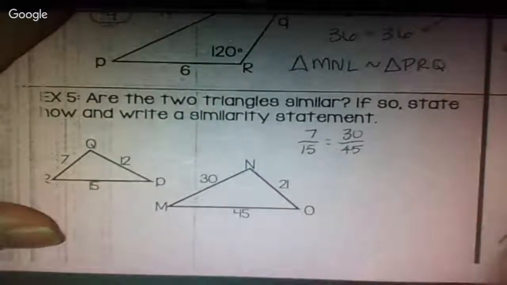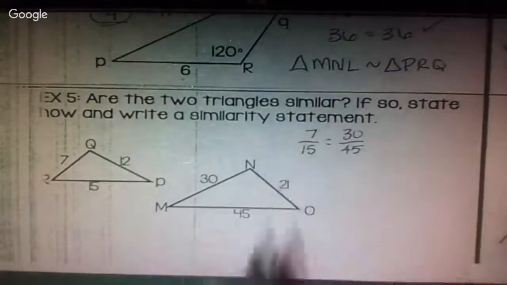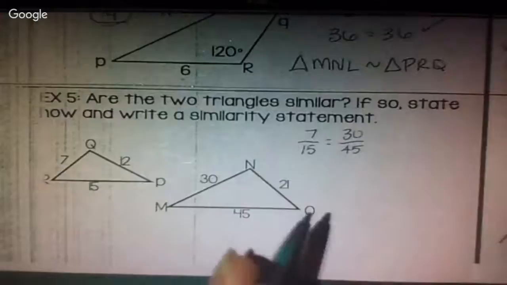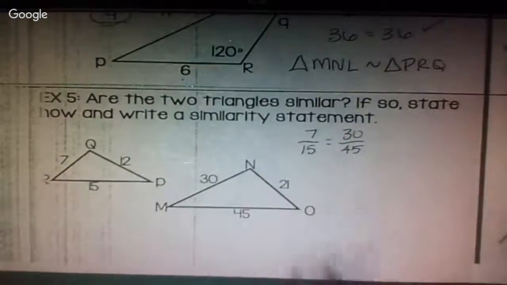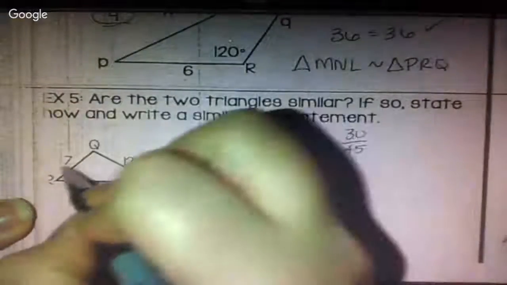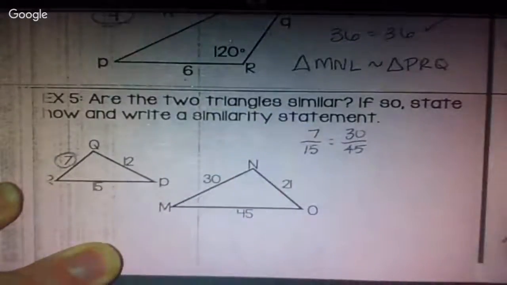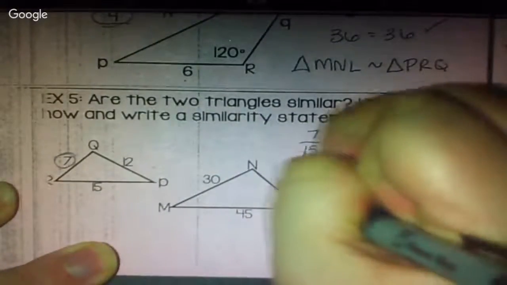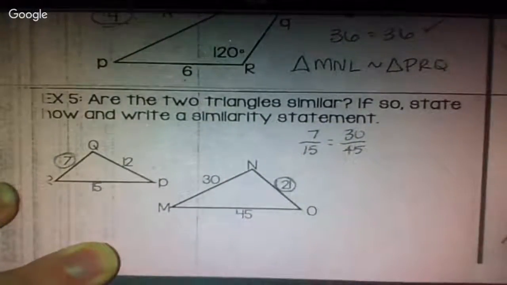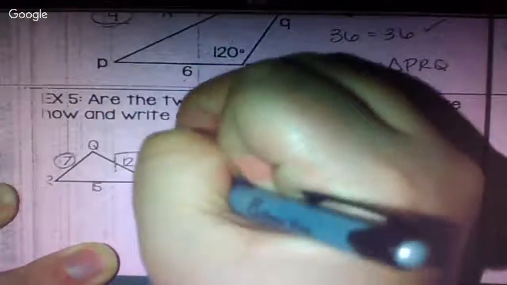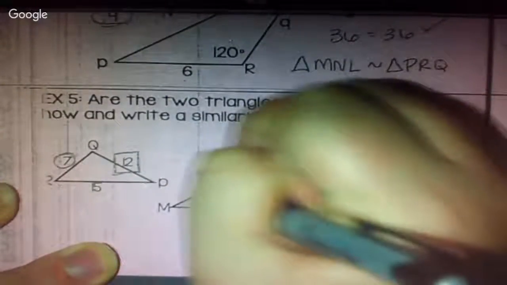Whoa, good point. So take a look at this. Don't write 30. Just don't. This is small. That should be paired up with small. My middle number on this triangle is 12. The middle number on this triangle is 30.